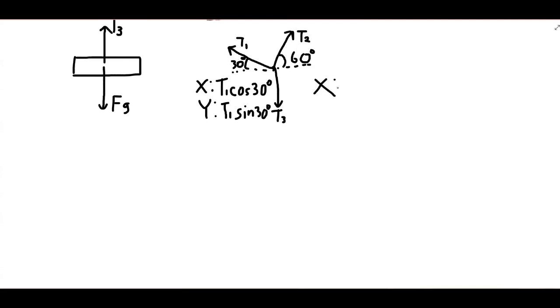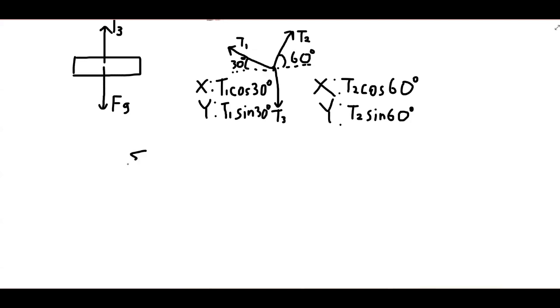So we have T2 cosine of 60 degrees and T2 sine of 60 degrees. And then we'll go ahead and apply Newton's second law, excuse me.